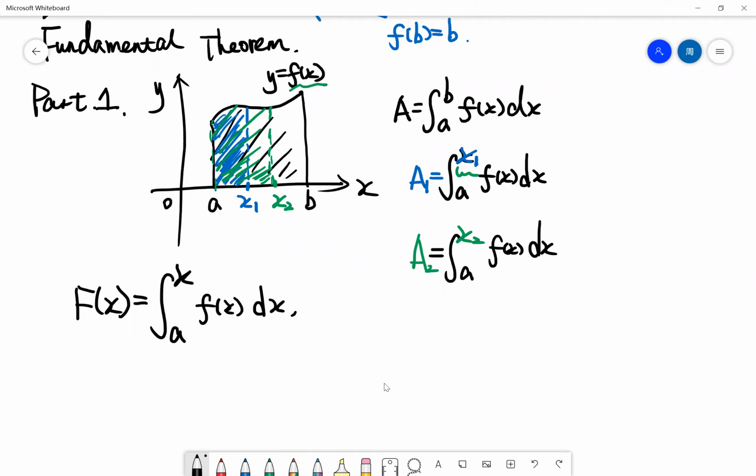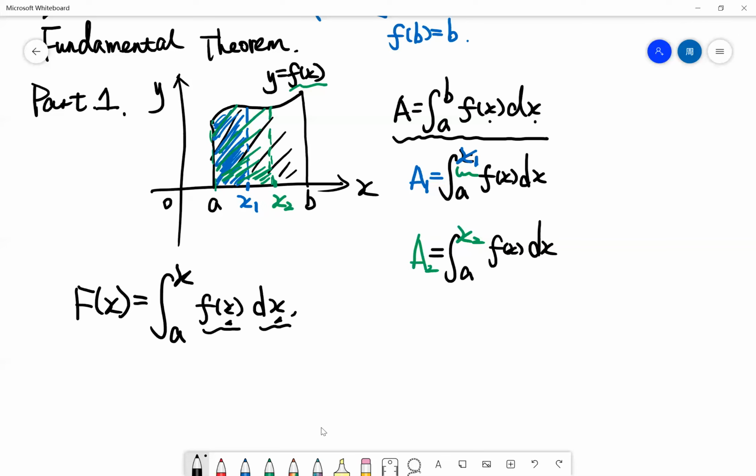Here it is a new function. And if I want to make it clear here, I can change the letter. Because you know that the definite integral here means the area. So no matter which letter I choose here, it always means the area.